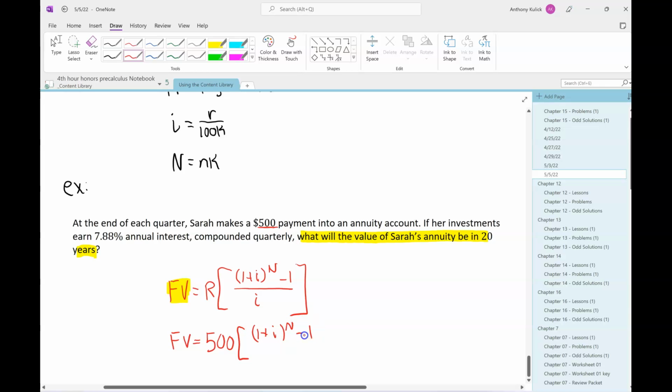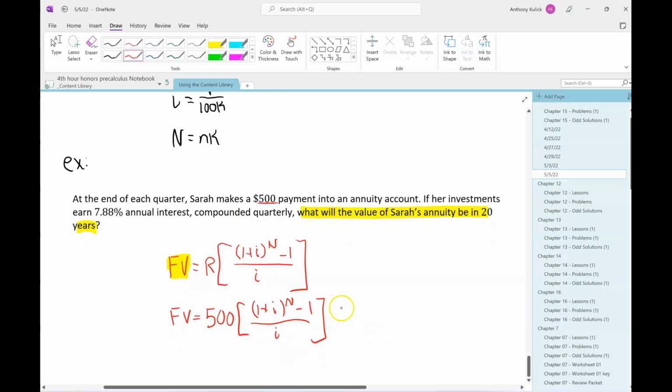Now, I'm just going to write the rest of this stuff here, and I'm just going to write next to it the value for I. I guess maybe I'll write over here. I'll do this also, so it's all in the same place. Okay. Where's the 7.88 go?